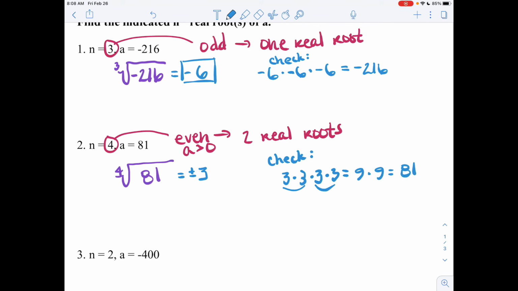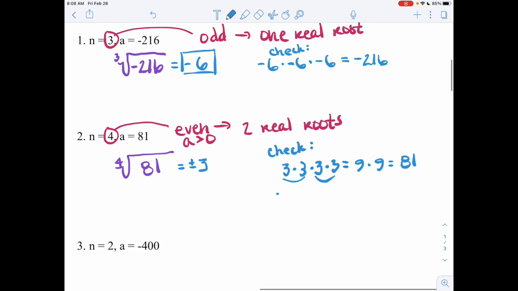However, look what happens when all of these are negatives. We have negative 3 times negative 3 times negative 3 times negative 3. Well, when I group negative 3 and negative 3 together and multiply those, I also get a positive 9, and these are a positive 9 as well, giving me 81. So we have to account for both of those possibilities in our answer.